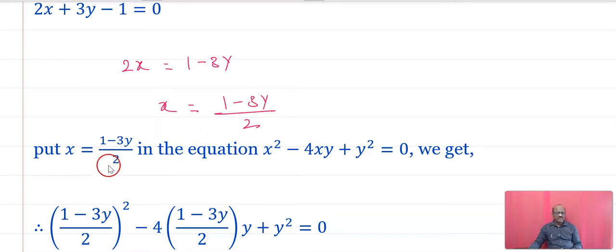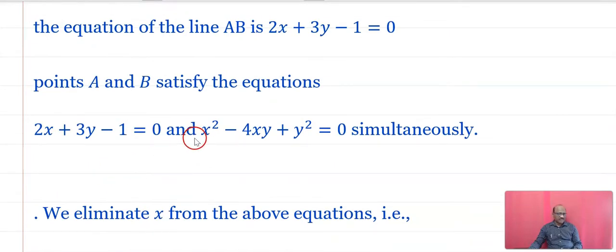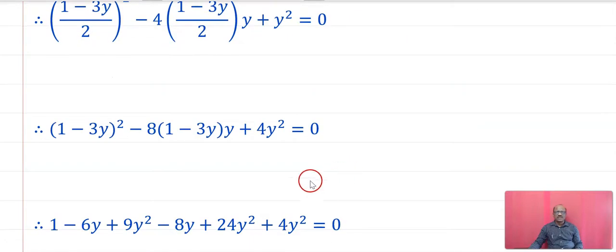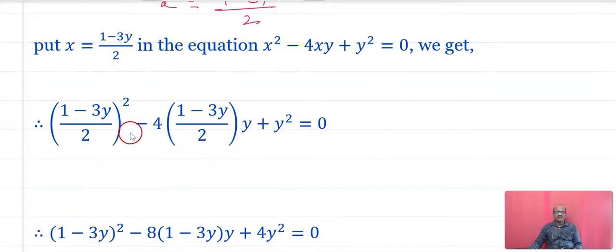and hence x is equal to 1 minus 3y upon 2. Substitute this value of x in this joint equation, x square minus 4xy plus y square equals 0. If we substitute it, then what will you get? (1 minus 3y upon 2) square minus 4 into (1 minus 3y upon 2) into y plus y square equals 0. After simplification, what's the LCM? LCM is 4. Multiply this equation by 4.